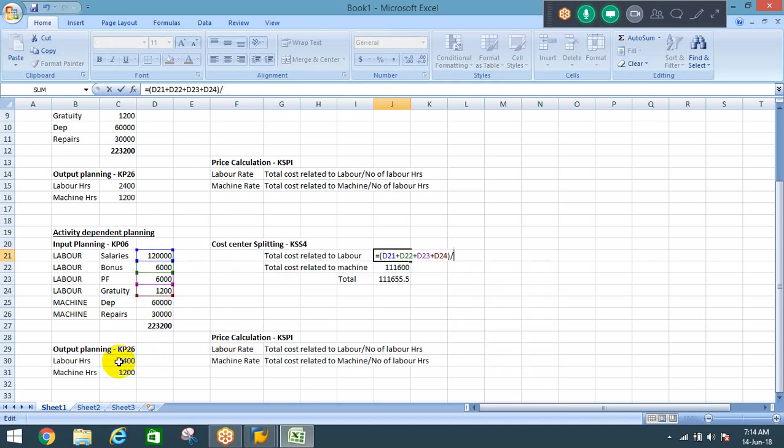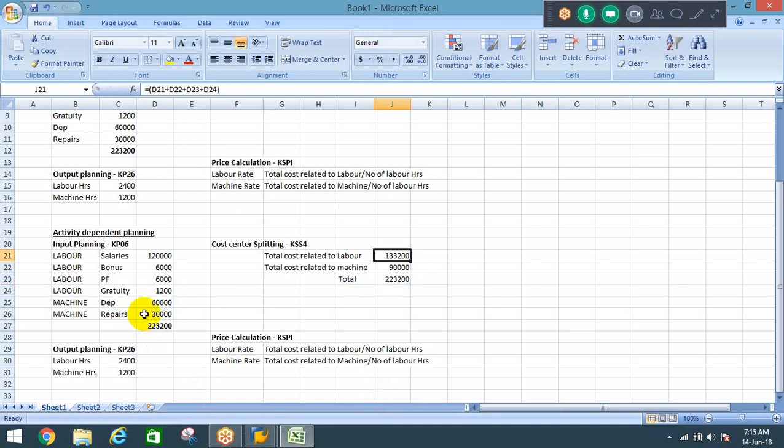First, let us find the cost related to cost center splitting. When we do the cost center splitting, 1,33,200 will be taken for labor, and machine cost is 60,000 plus 30,000, 90,000 total.